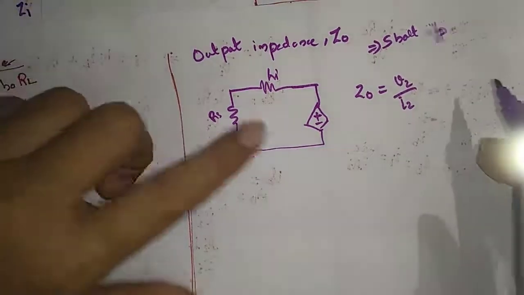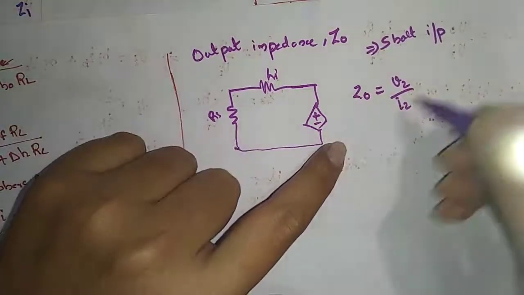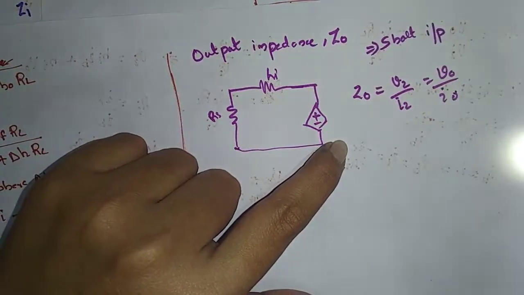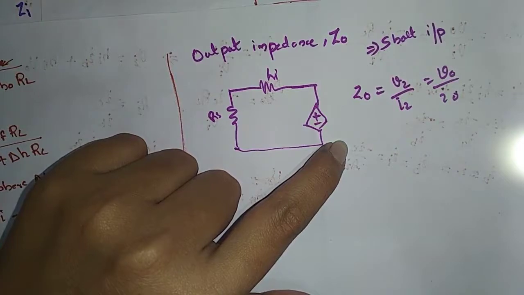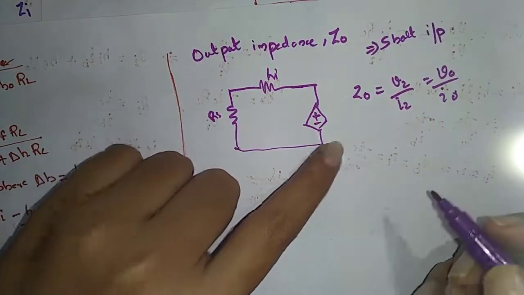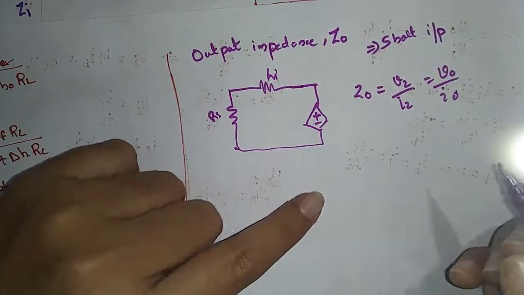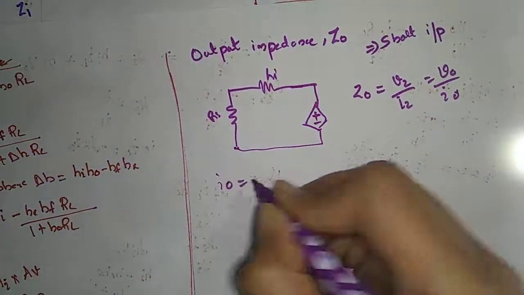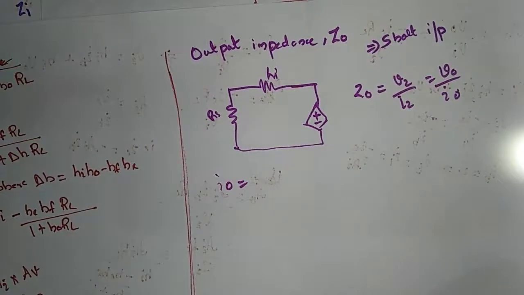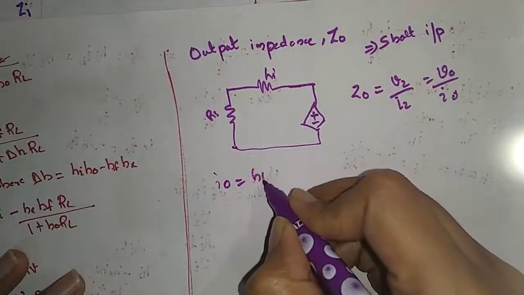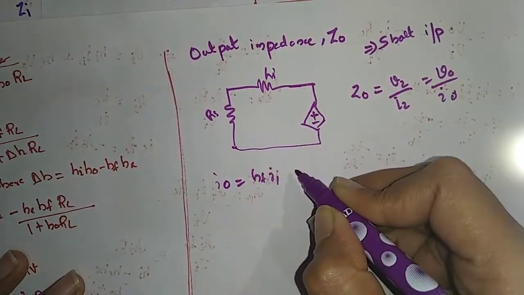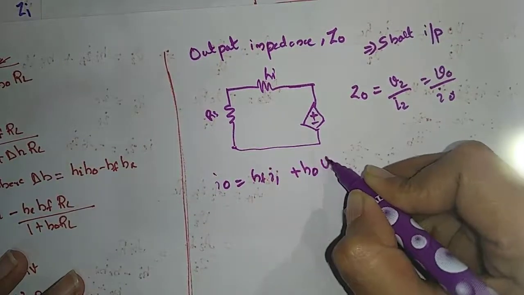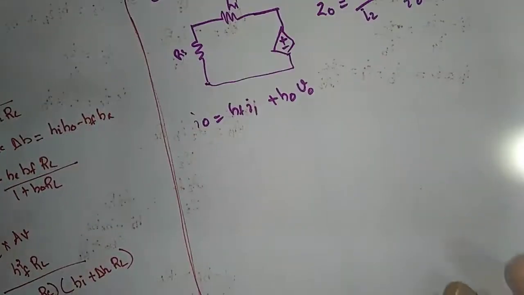The second equation is I0 is equal to hf I1 plus ho into output voltage V0.